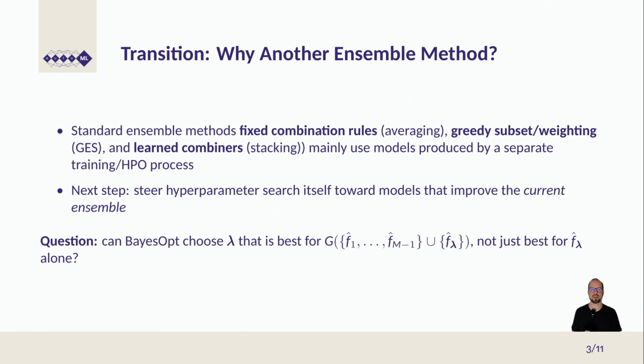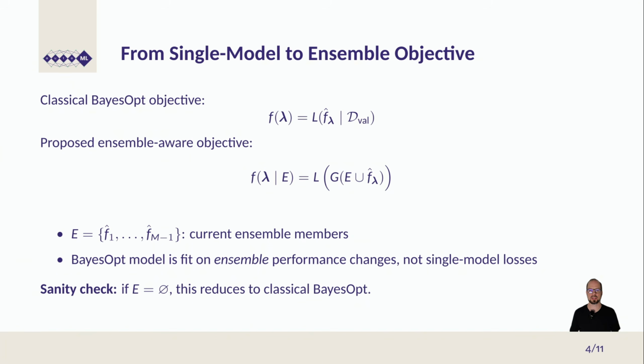And the question is, can we change the objective in Bayesian optimization such that we search for lambdas that find hyperparameters in the model that, when added to the ensemble, actually lead to the best performance. The classical Bayesian optimization objective you can see at the top.